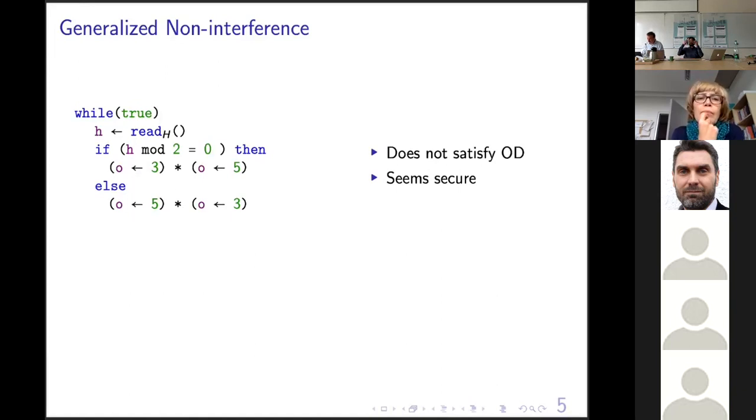So instead, what we want is a stronger property of non-interference called generalized non-interference. This formula now involves a quantifier alternation. What it says is, for all two traces pi1 and pi2, there exists a third trace that agrees on the high security inputs of the first and on the outputs of the second. So in some sense, this formula postulates that for every possible input sequence and for every possible output sequence, there exists a trace that agrees with both of them.